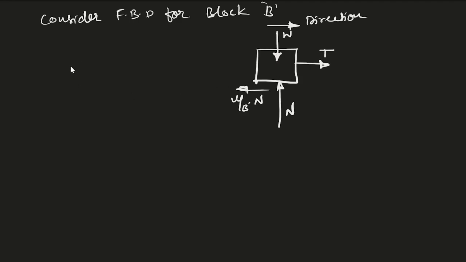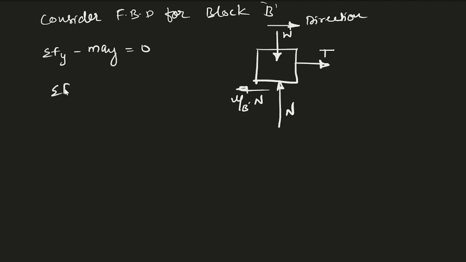Again, by using D'Alembert principle, we can first find out the normal. To find the normal, we have to use Fy minus m into ay equal to 0. The block is not moving in the y direction, so this ay will become 0.